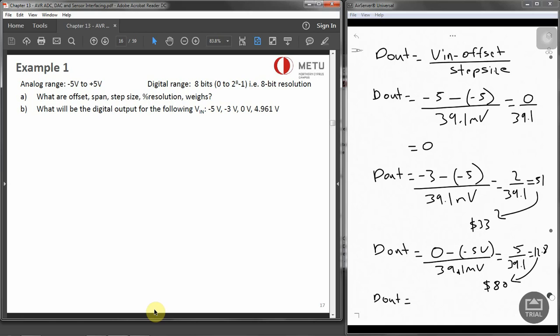The last one, D out equals 4.961 minus 5 divided by 39.1 millivolts. So this will be equivalent to 9.961 divided by 39.1, which equals 255.